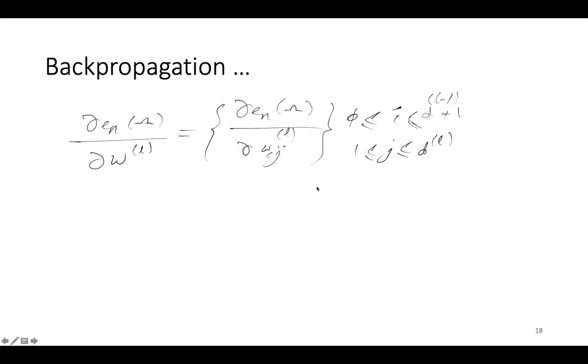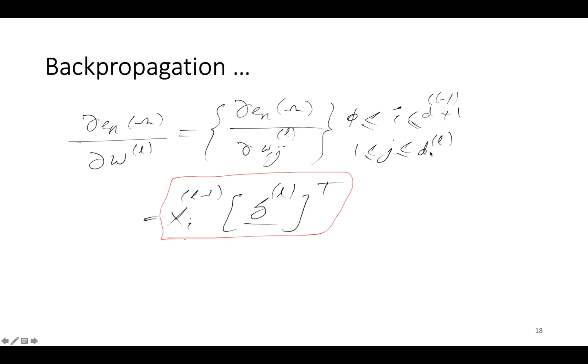So we have to compute this for all the i's and j's, with the different dimensions d plus 1 and d. In vector notation, it would be just the vector of x's at L minus 1 multiplied by the delta of L. So these are the partial updates.